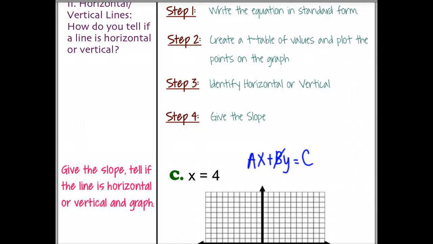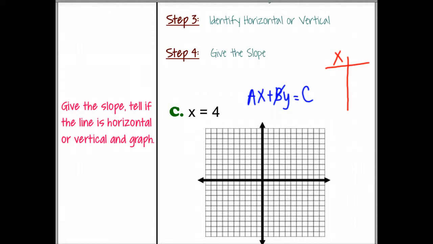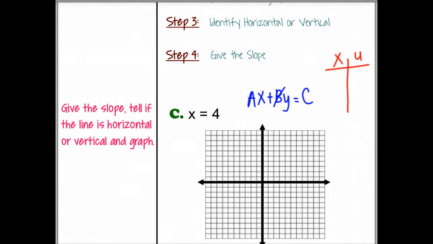Now we want to create a t-table of values and plot the points. So we have x and y. When x is 4, y can be whatever, let's look at this, 1, 2, 3, 4.